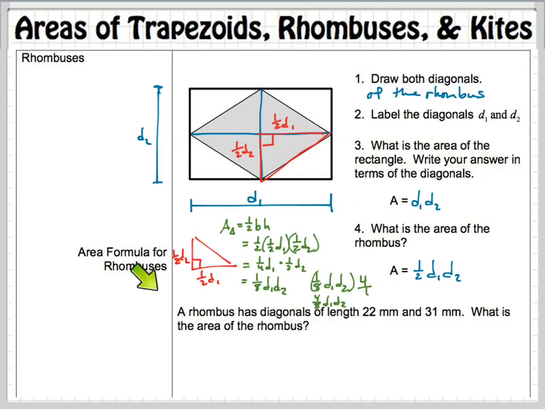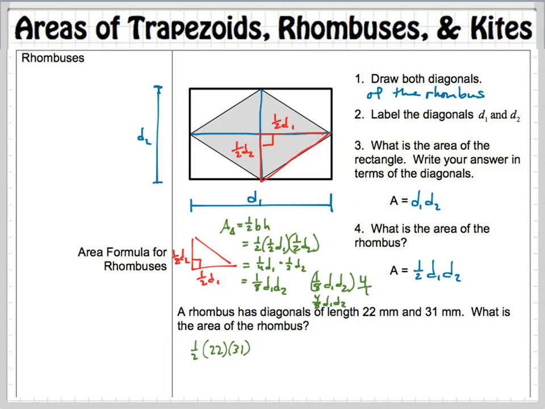That's kind of neat. So if you had a rhombus with diagonals of 22 and 31, what is the area of the rhombus? So we have 1/2, and we'll go 22 times 31. 1/2 times 22. I love multiplying the 1/2 to even numbers because they're easy to split up.